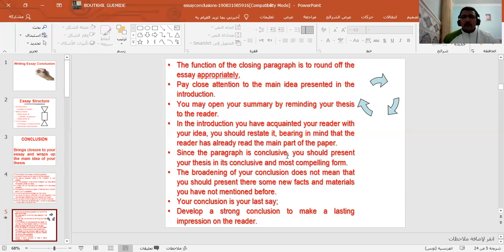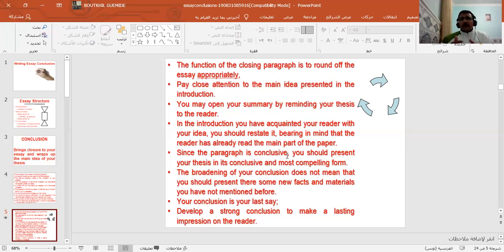Since the concluding paragraph is conclusive, you should present your thesis in its conclusive and most compelling form. You should never make your concluding paragraph too long.